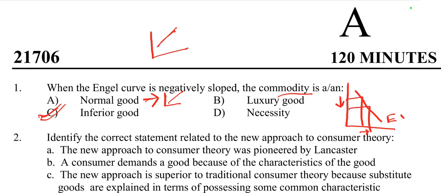Then in the luxury good case, it is also upward sloping, and slightly flatter, because when income increases, consumption increases more than income. Quantity of goods purchased increases more than the income. So in the case of luxurious good, upward sloping, then inferior good, downward sloping. So the right option is option number.